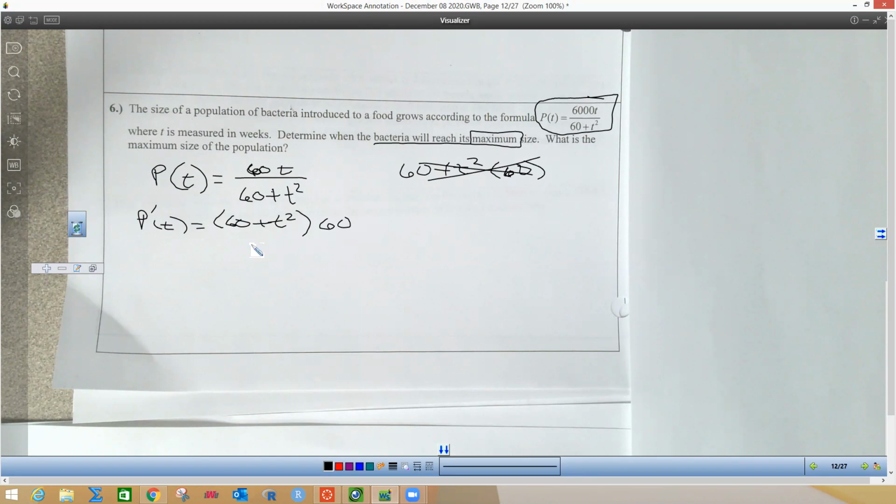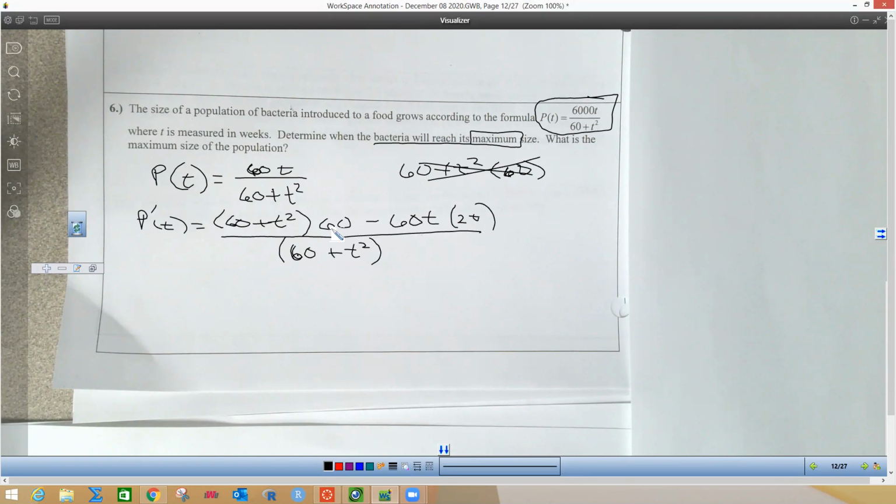linkage error. Okay, so going on with this property, it's the bottom times the derivative of the top minus the top times the derivative of the bottom, and that's all over the bottom squared. So then what I think you should do on this kind of problem is take out GCFs, and then we will simplify.